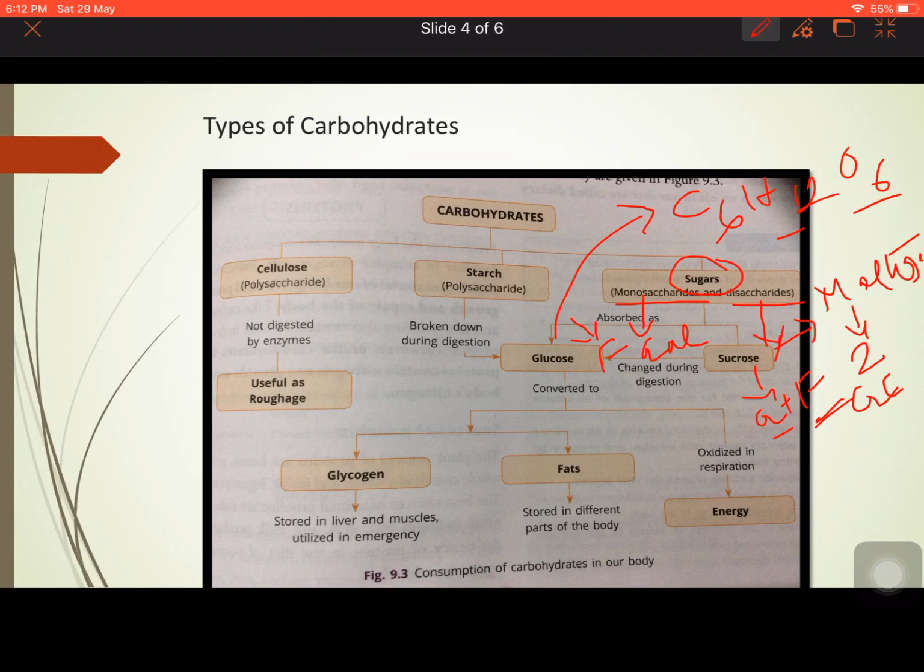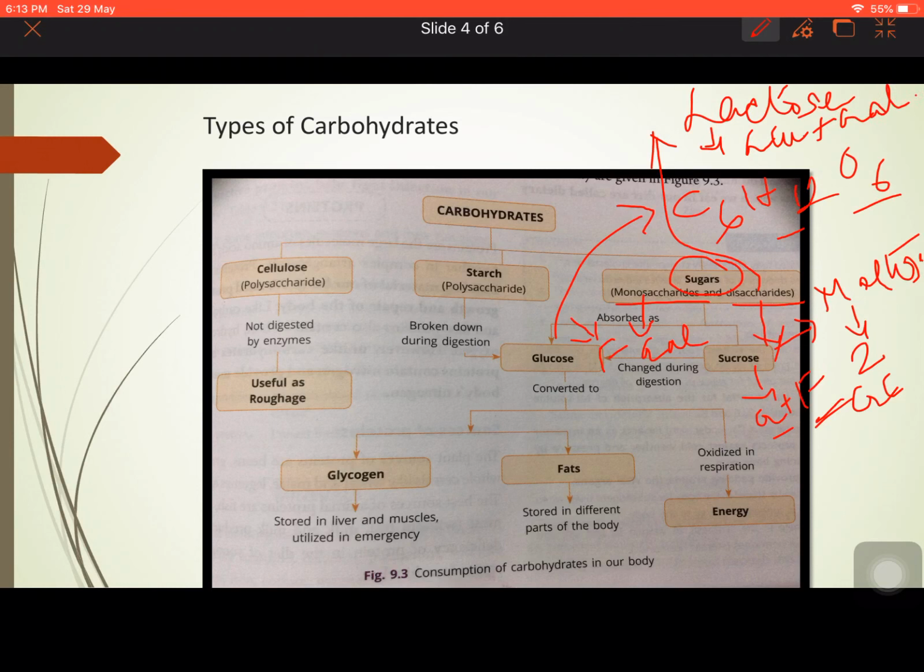Again, lactose, which is made up of glucose and galactose. If we take this disaccharide here, lactose is another disaccharide. It is formed of glucose and galactose. Is it clear? It is formed of glucose plus galactose. So what is happening?